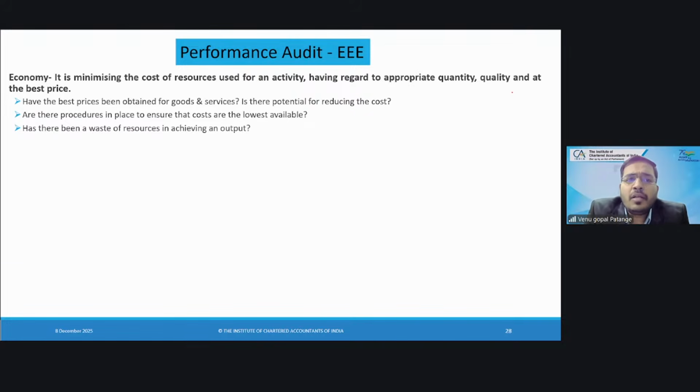So it is like you are purchasing something, recruiting someone, goods and services, vendors, employees, capex vendors. The decision you are taking, because you have authority up to 5 lakhs, will you purchase just at 5 lakhs, or will you see whether there is any alternative product available? Because it's public money, right? So all these things are checked in the case of economy. Okay. Any doubt in economy?